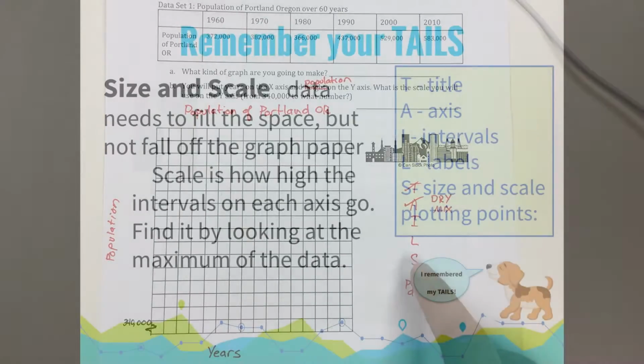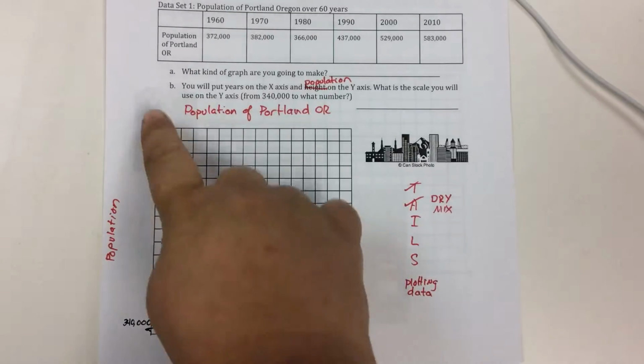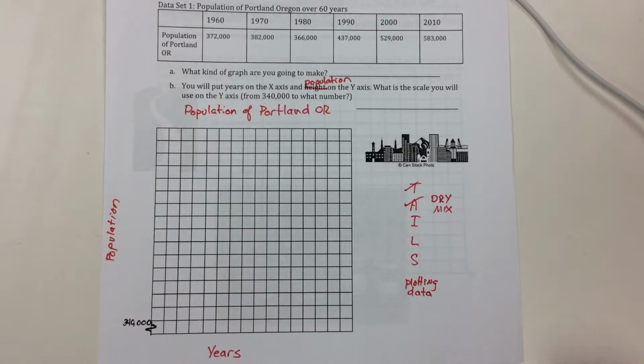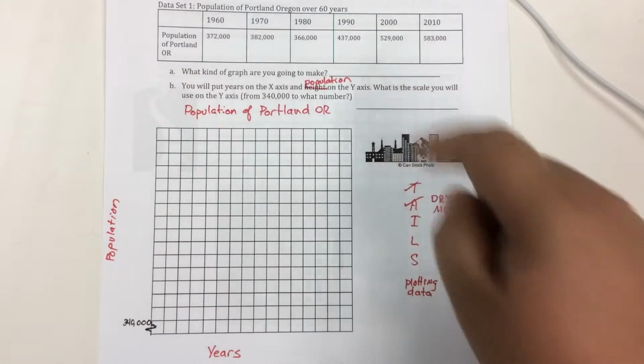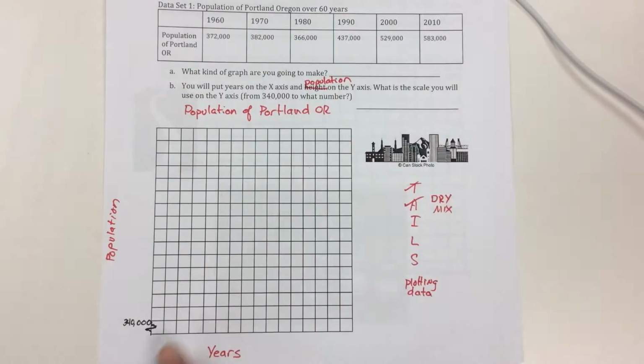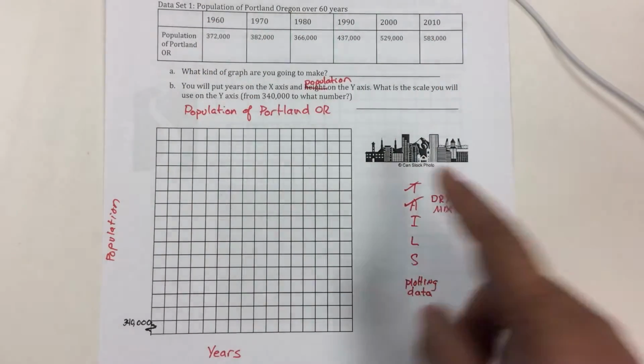We're going to skip down to scale. Scale is how high the numbers go on either axis. And remember, to find this, we look at the minimum and the maximum in our data. So the x-axis, the years, has to go from 1960 to 2010.